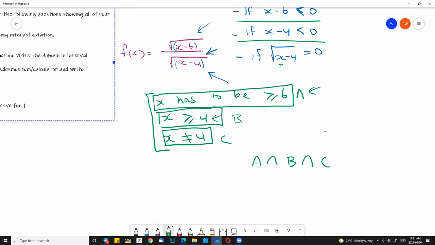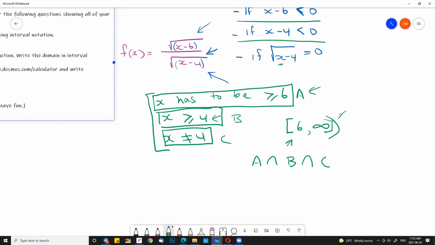So we know the domain of this function, x has to be 6 or more. And we write it like this. We write x, 6 is included, right? And it goes on and on forever. And we don't use square brackets here, right?